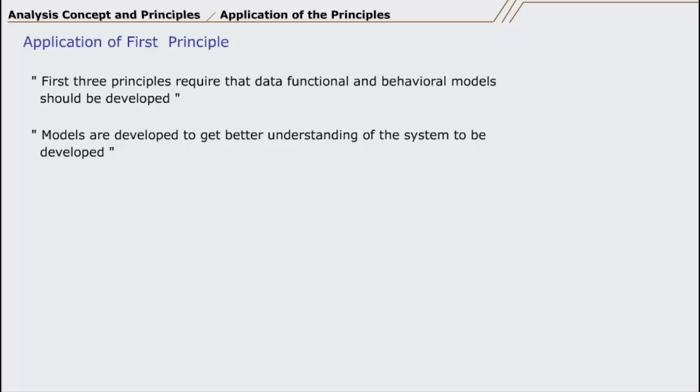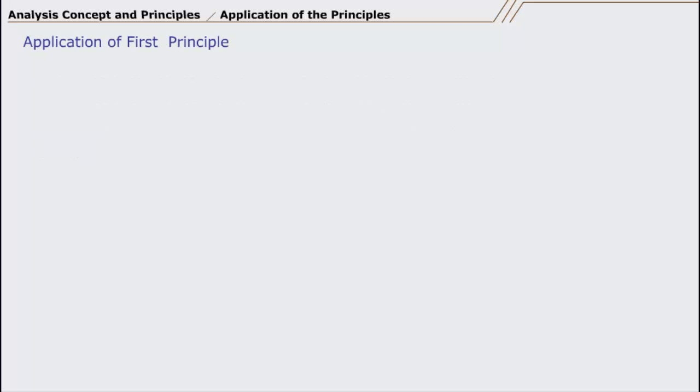The first principle emphasizes the need to understand the information domain. In order to understand the information domain fully, a data model is created. Details of the data model will be discussed in Unit 5. The data model contains three different views of the data.